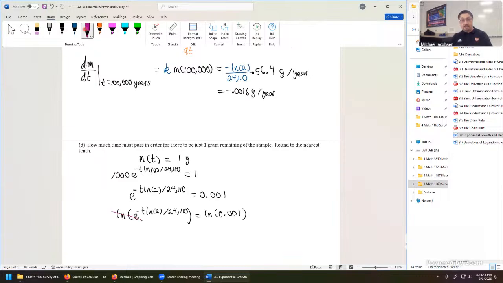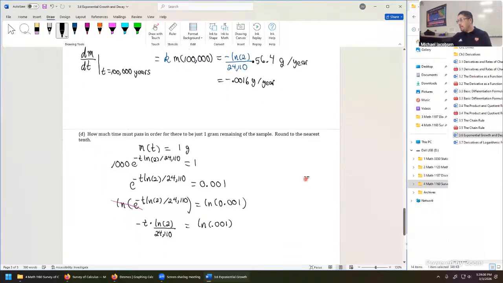Next, we get that automatic cancellation of the function against its inverse function. So the left-hand side is now just negative t times natural log 2 over 24,110.